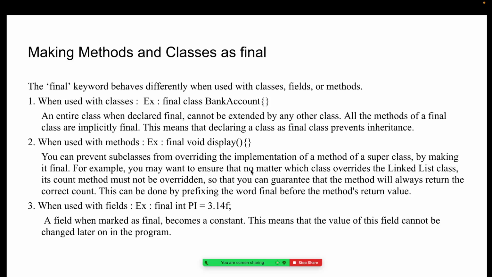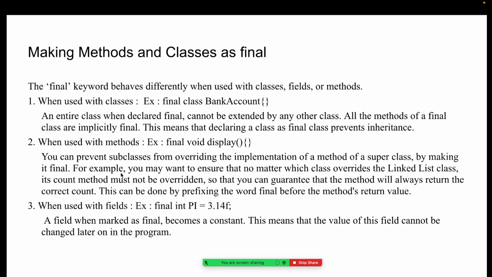For example, you may want to ensure that no matter which class overrides the linked list class. We'll see about this linked list class when we study the collections topic, so let's not get into it. It is some data structure that we'll see later.